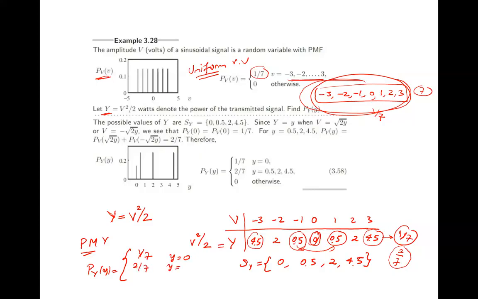When y equals 0.5 or 2 or 4.5, the probability is 2 over 7. And for all other values, it's 0. So here is how to construct the PMF.